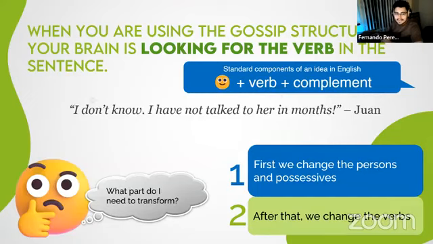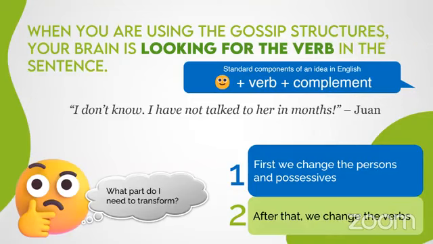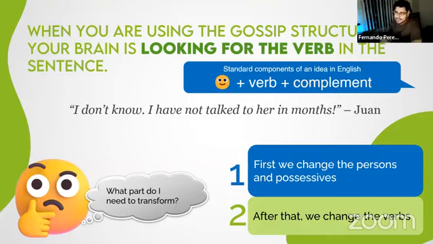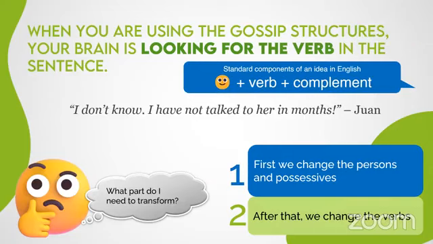So then, in this sentence, in Juan's expression, how many ideas are there? Who can tell me? Two ideas, no? Right. What is idea number one? Tell me, Brian. I don't know. Excellent.